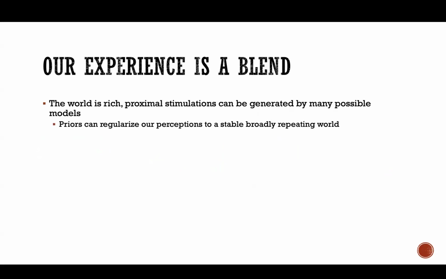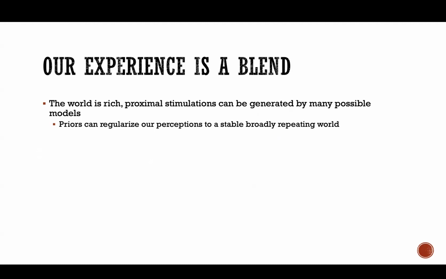There's a recent book by Andy Clark, The Experience Machine, that tries to make that case very persuasively. The idea is that the world is rich, right? Proximal stimulation can be generated by many possible models. So many different things in the world can generate the same kind of visual information that reaches the retina.